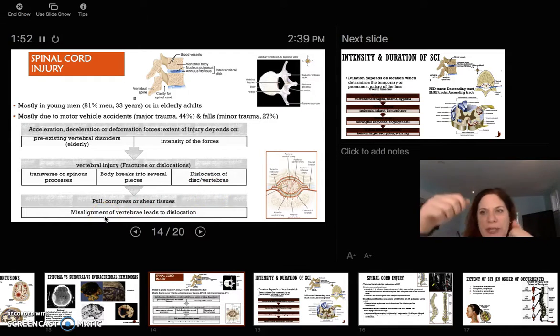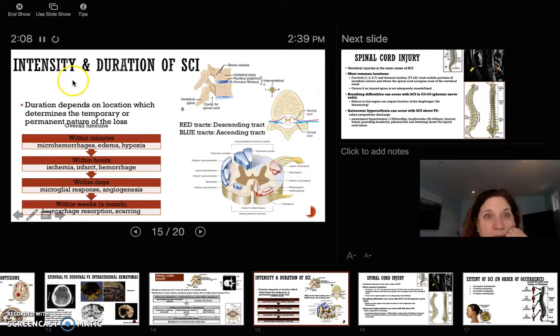And if the vertebrae actually move, any of you who've ever had a dislocated vertebrae will know that that also is incredibly painful and can affect your movement and sensation. So again, the damage and the intensity and how long it lasts for, and if you have paraplegia or quadriplegia or what kind of damage you have depends on the intensity of the damage and where it is.